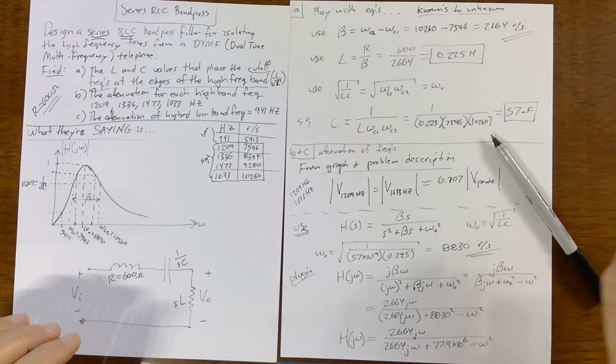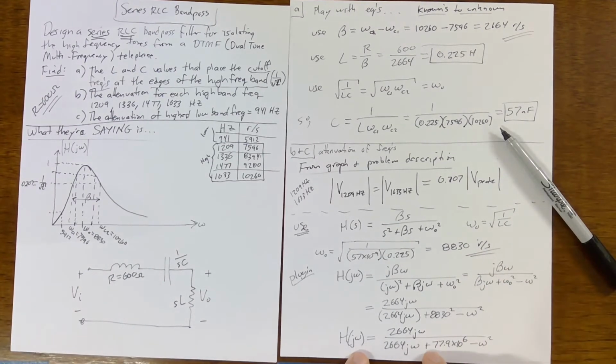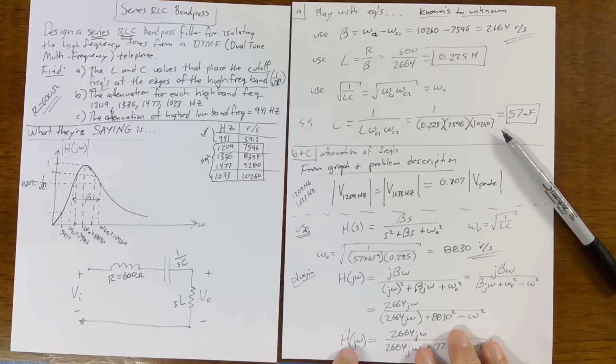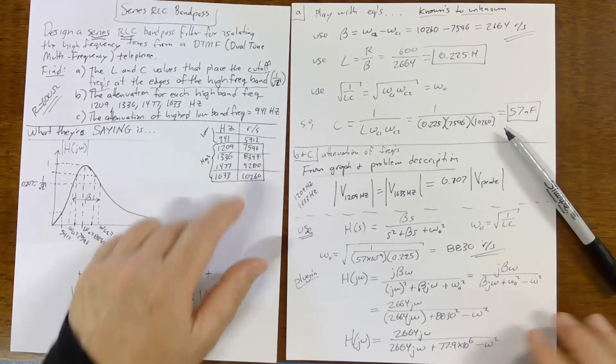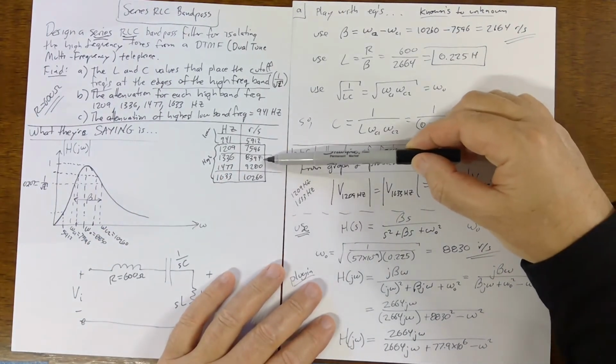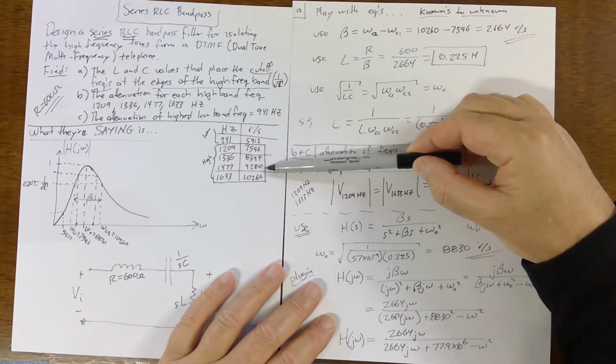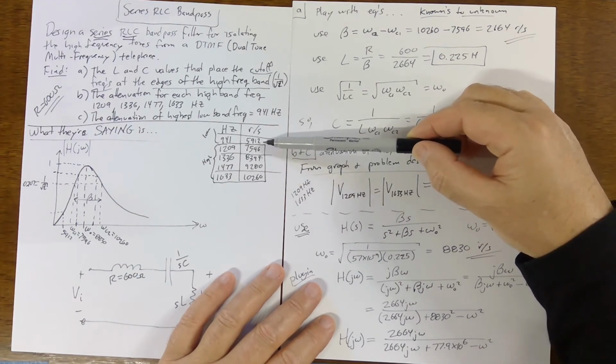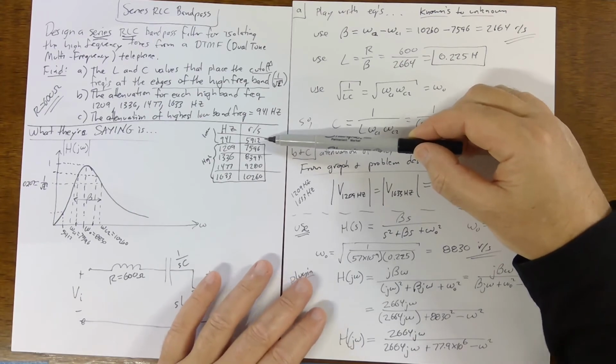Okay? Now we can solve this. We can use this to solve for the attenuation, which is the absolute value of this guy. We can solve it three times for these two middle frequencies and then this low band frequency.